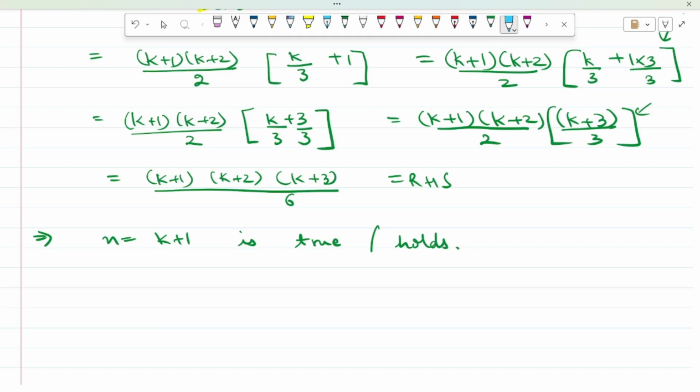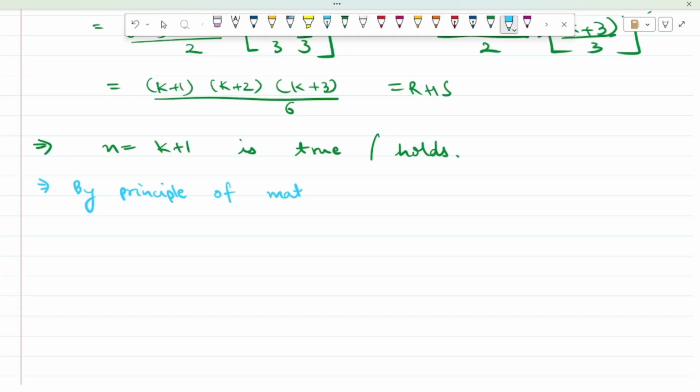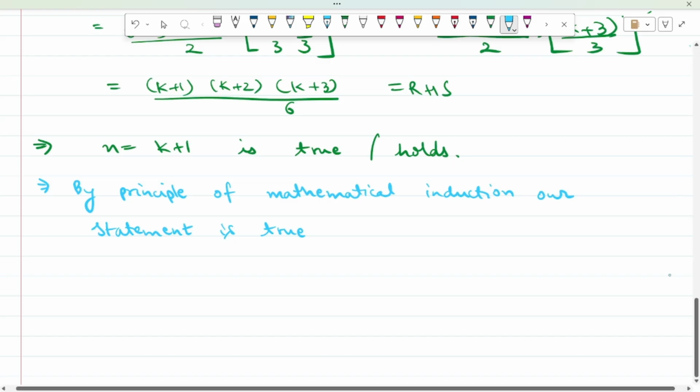So what we can conclude: by the principle of mathematical induction, our given statement is true. In the question, what is given to us?